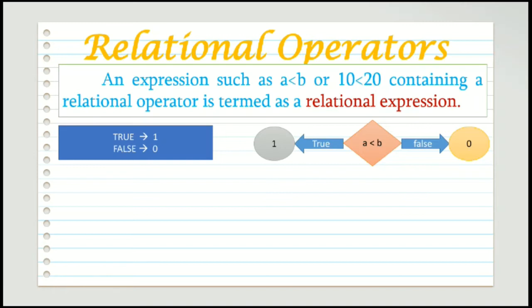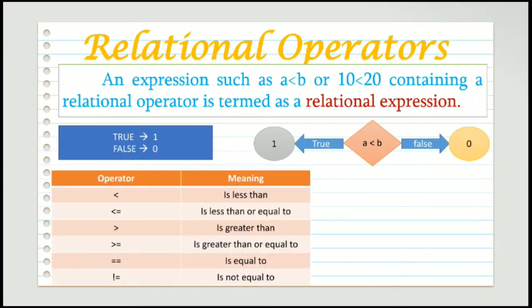C supports 6 relational operators. So the first one is the less than operator, which is used to check whether a particular variable is less than another or not. Second one is less than or equal to. The meaning of this is whether it is less than or equal to. Next, third one is greater than, which is used to check whether it is greater than or not.